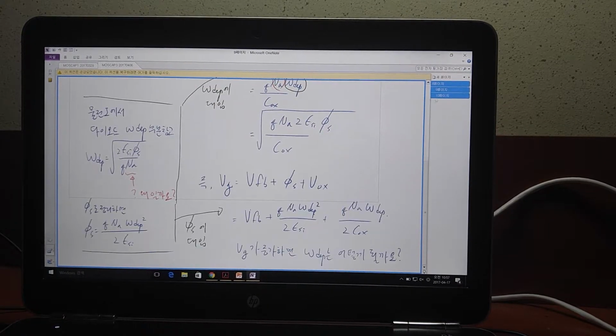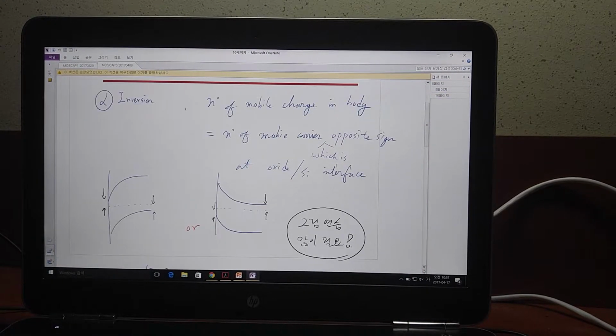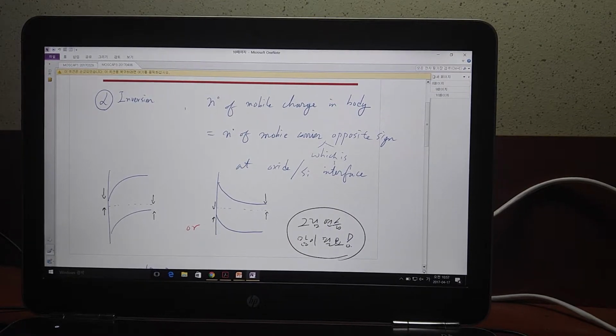For inversion, if the number of mobile charges in the body and the number of mobile carriers of opposite sign at the oxide and silicon interface become equal, then inversion happens.